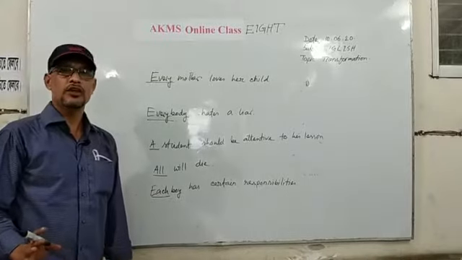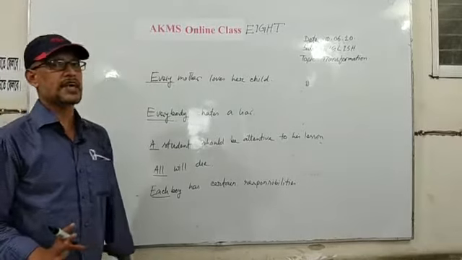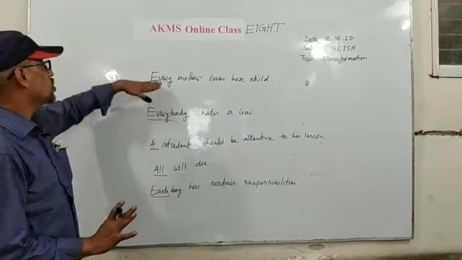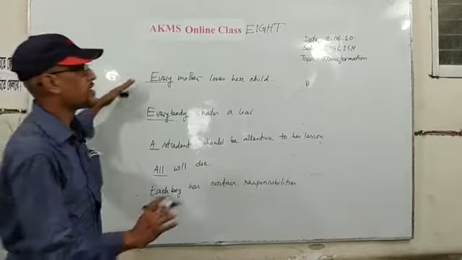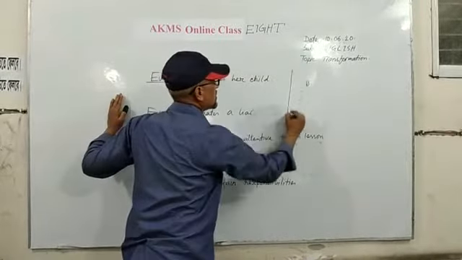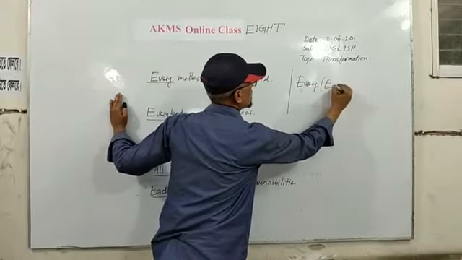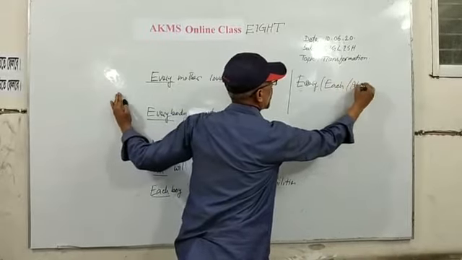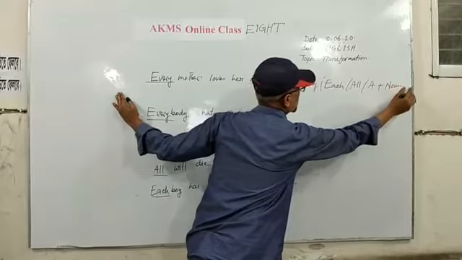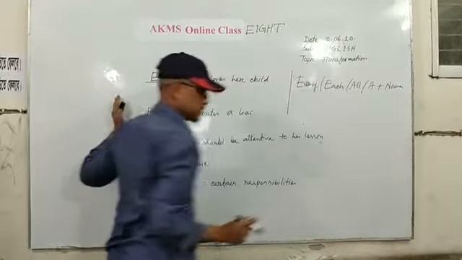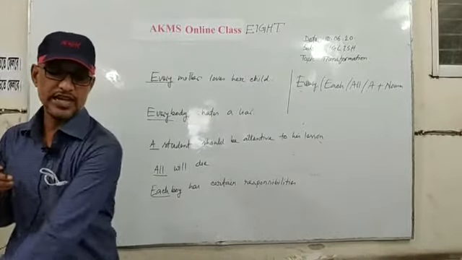If you can notice any sentence in affirmative form that has been started with the use of every, each, all, a, any noun, what can you do to make it into a negative sentence?